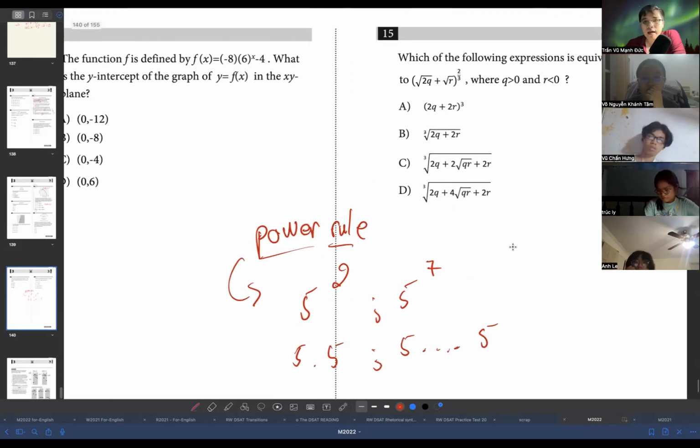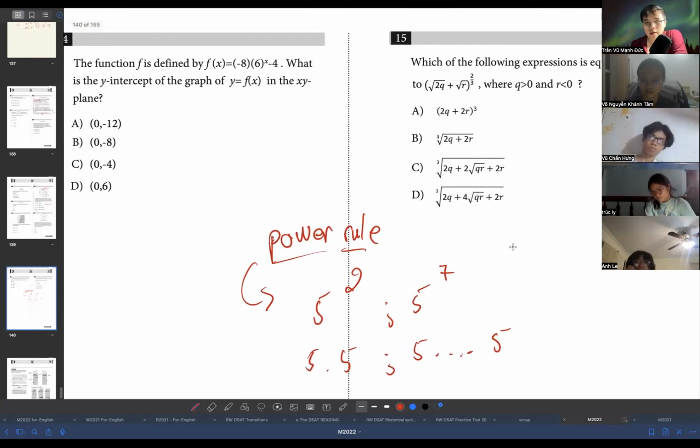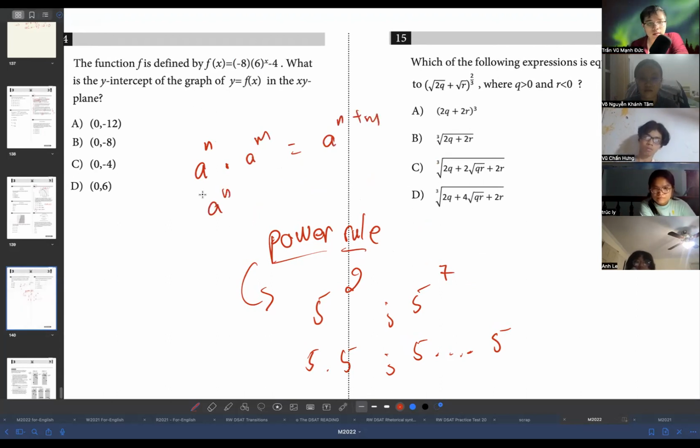There's one thing about the power rule. A to N times A to M will be A to N plus M. And A to N to the power of M will be A to N times M.